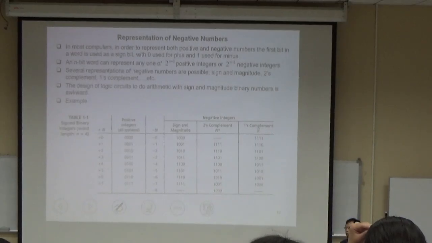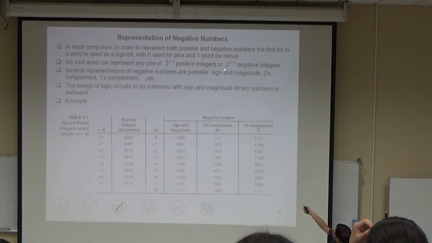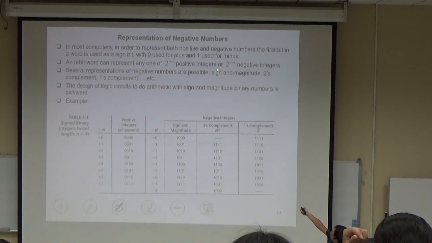It means that the system may be just one method. We have a couple of systems. You can represent a negative or positive number, for example, the first one may be called sign-negative, that's method 1. Or the 2's complement system, or the 1's complement system.